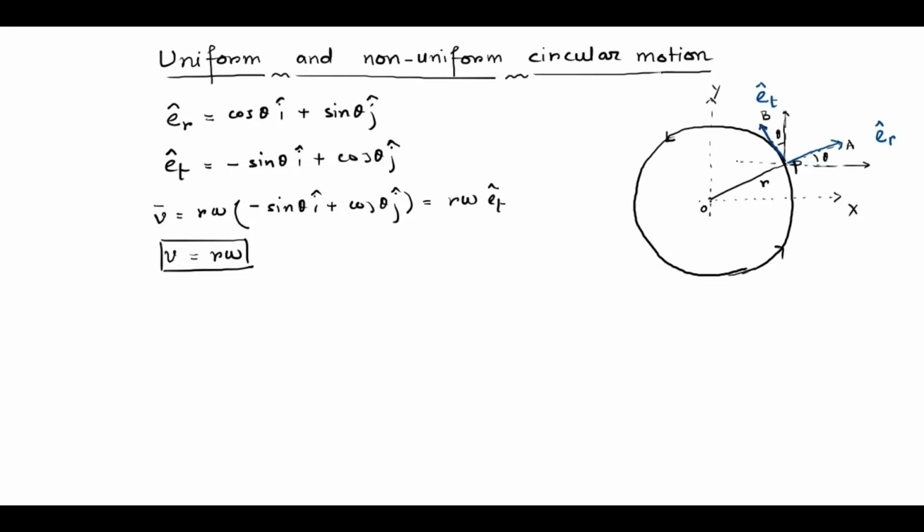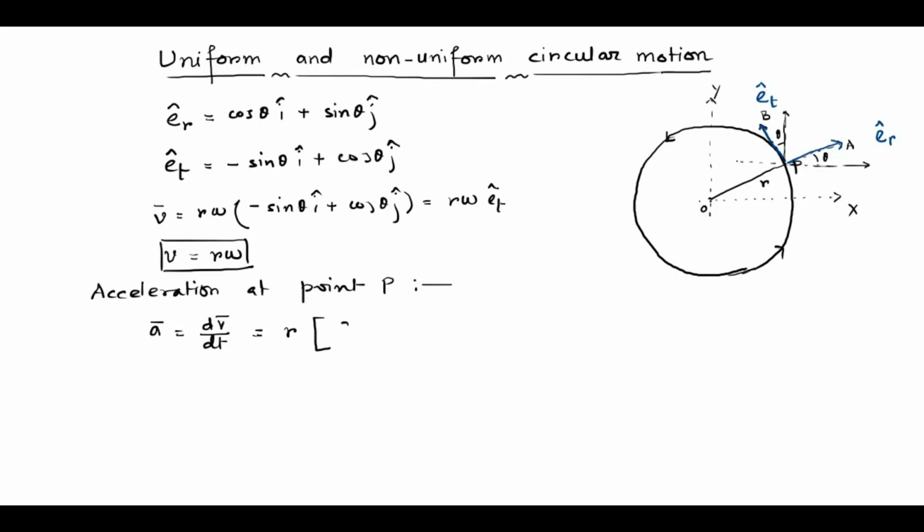If I know the velocity vector, we can calculate the acceleration at point P. Acceleration at point P is the vector dv dt. As R is constant, what is the derivative here?